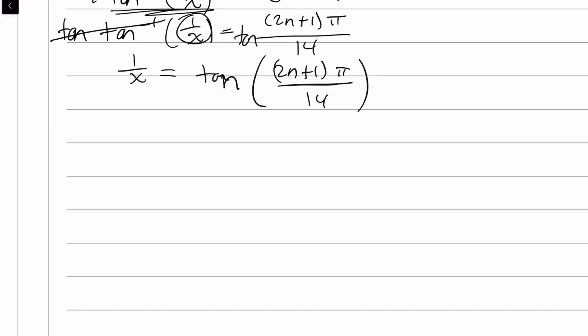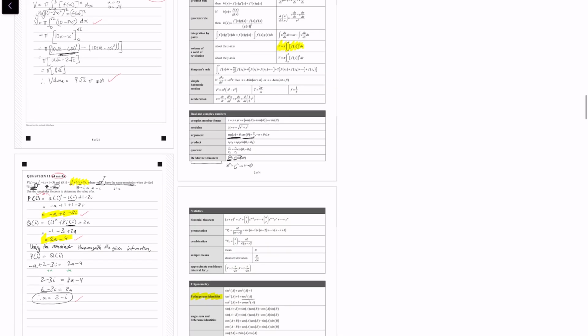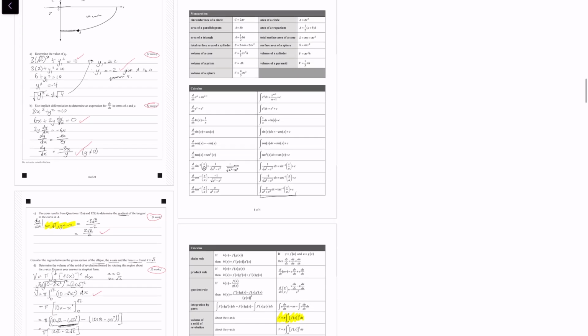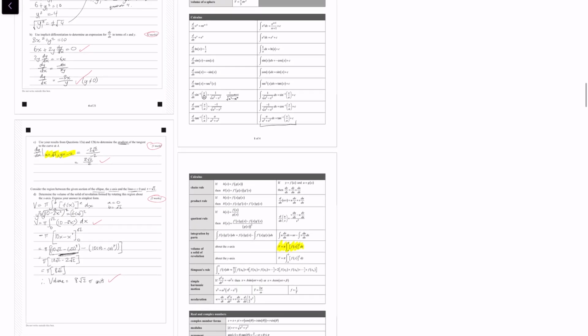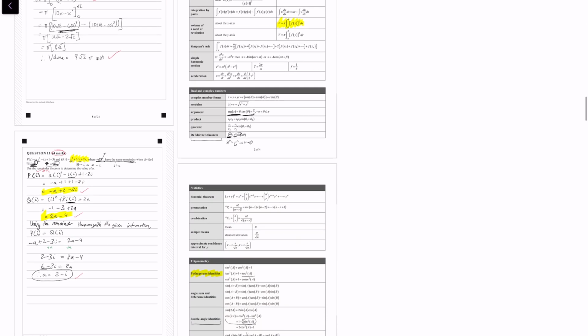If I take the reciprocal of tan, so 1 over tan, that will get me a cot value. I don't know if this is in the formula sheet, but I might check. That also requires you to understand what cot means. Let's see if they put in cot. Wasn't too sure.